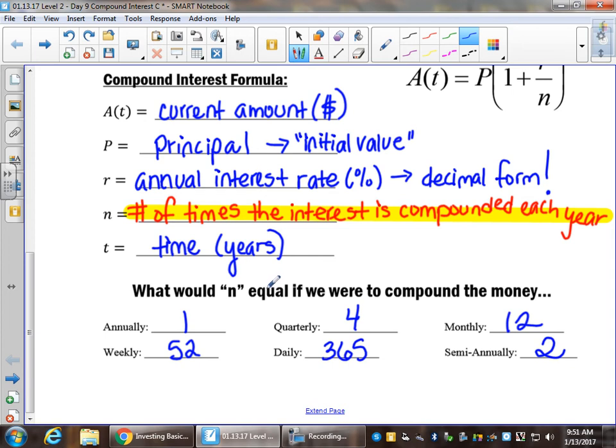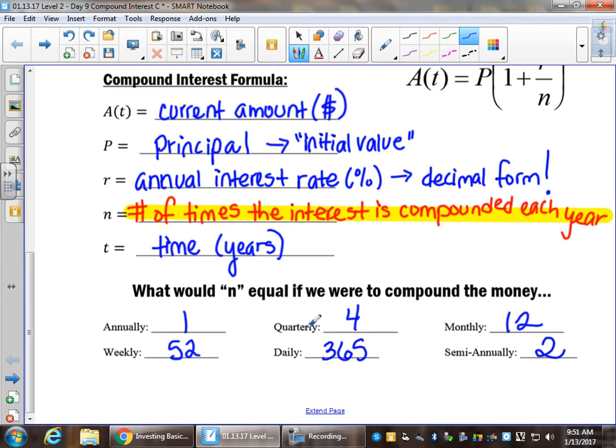If it says compounded daily, you have to know that that means 365. Very good. So that means that instead of annually, if I'm compounding quarterly, how many times is the bank going to calculate your interest and put it possibly back into your account? 4 times. That's where this financial element comes into play about what's a good choice for your investments.